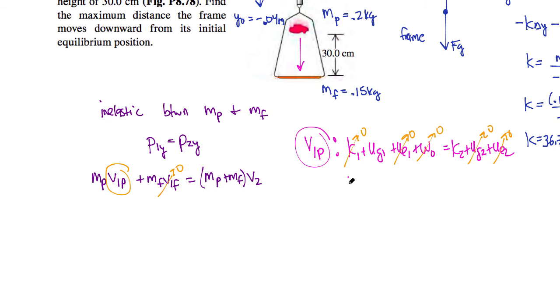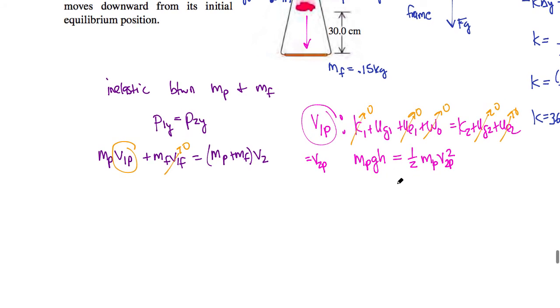So I have mass of the putty times G times H equals 1/2 mass of the putty times V2 of the putty squared. So V2 of the putty is actually equal to V1 of the putty in this case, just using 1 and 2 as we've gotten to it. So this is actually H1, and now we're good.